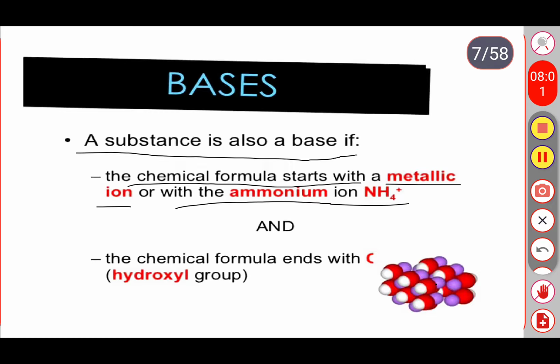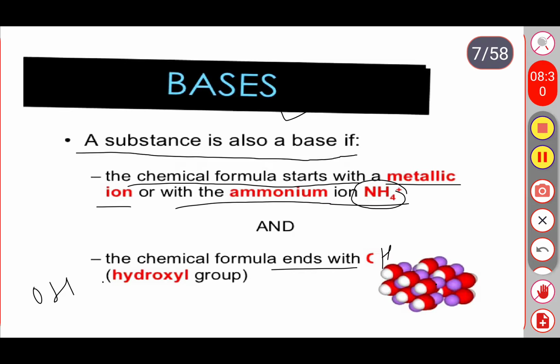If the chemical formula starts with the ammonium ion, that type of compound is also considered a base. See here, the chemical formula ends with hydroxyl. Hydroxyl means OH, the hydroxyl group. So these types of chemical formulas are considered bases.